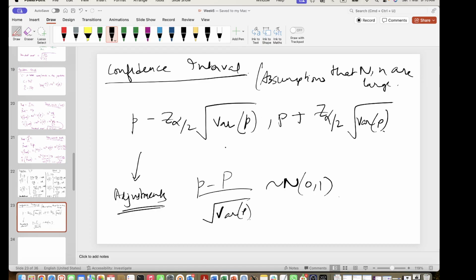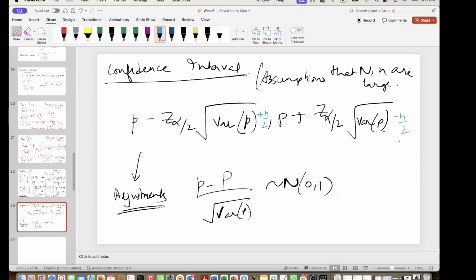Since this is a discrete random variable, 0, 1, we could make some approximation. So for that we'll have some adjustment related terms over here, like plus n by 2 and minus n by 2.